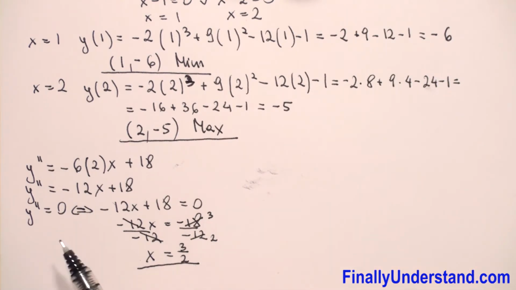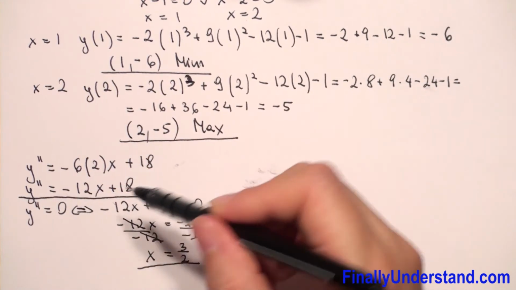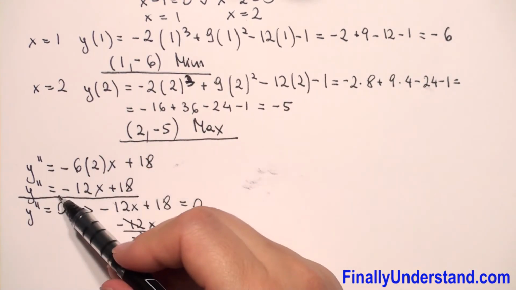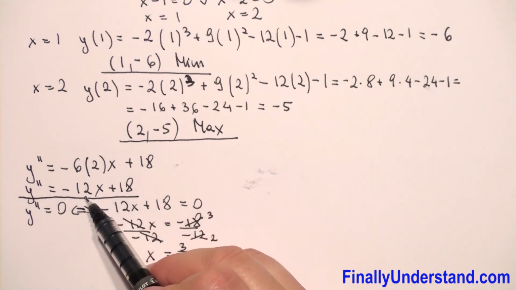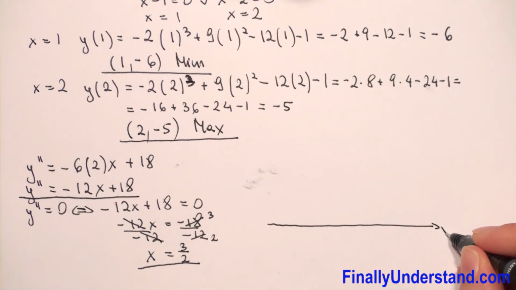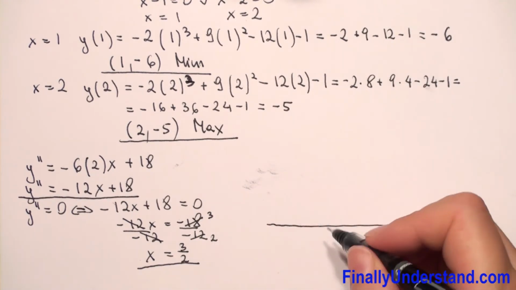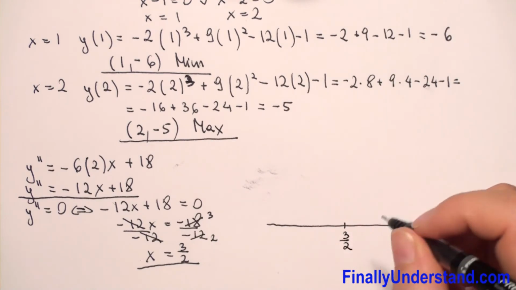To do this, the easiest way, in my opinion, is to draw the graph of our second derivative. This is a linear function. The graph will be a straight line. Because we have a negative coefficient, our line will go down. And we have x equals 3/2.